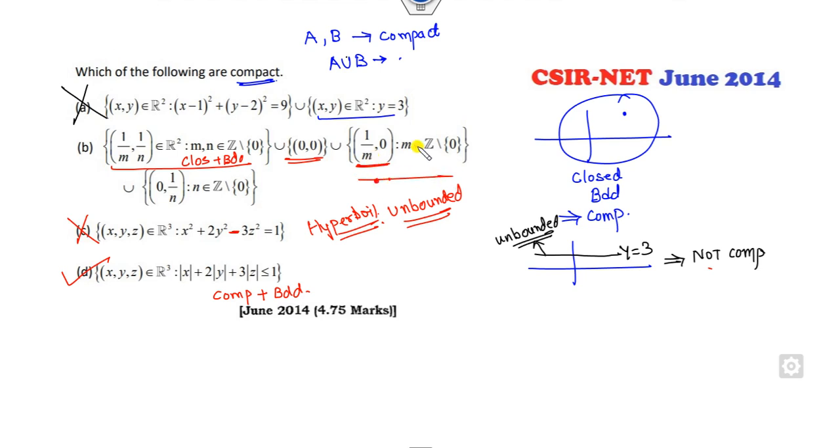Points on the x-axis where m is an integer, not 0. All are closed and bounded. You can clearly see the limit points concept. So this is closed, this is bounded. Yes, this is my compact set. So the right answers are B and D. You can watch my previous lecture related to closed and bounded sets. That is a limit point.